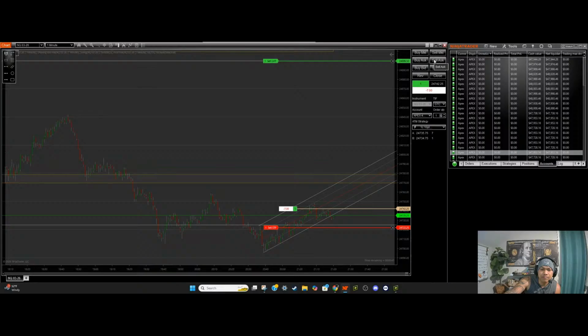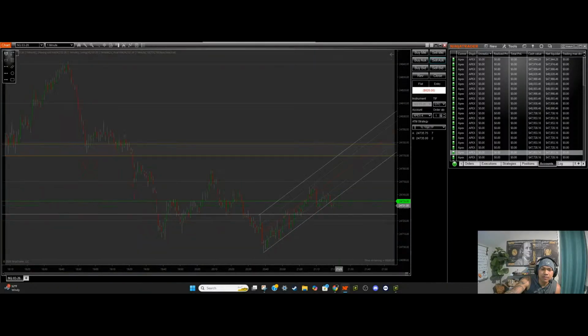There's the rip. Okay, we're going to get out. Now, the idea is it's going to resist at this trend line and then sell back down. Oh my god. I literally said if I get out, it's going to rip. OMG, now I have to chase it.